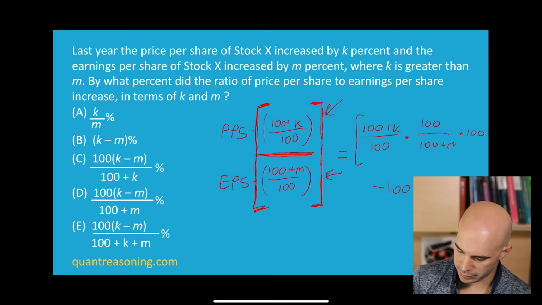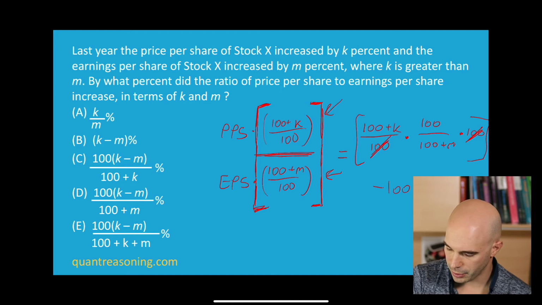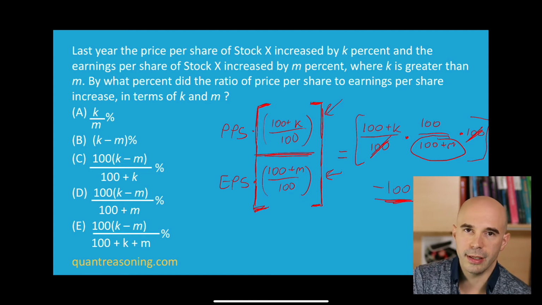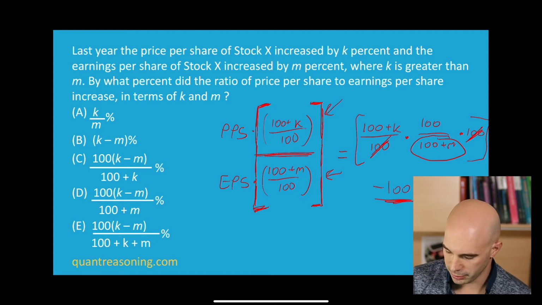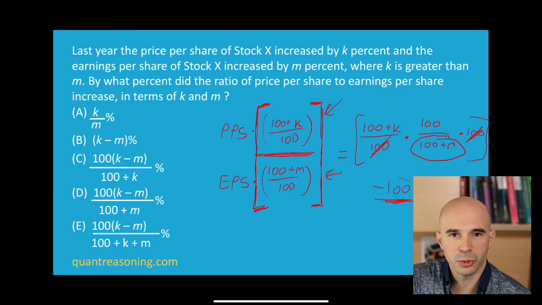That was the answer, right? That whole thing multiplied. So here's the multiplying by 100. That gets reduced. We end up with something that has a denominator of 100 plus m. And when we subtract 100 in the end, we'll have to do a common denominator. So we would rephrase that minus 100 as minus 100 over 100 plus m, just so that we would be able to solve the algebra.